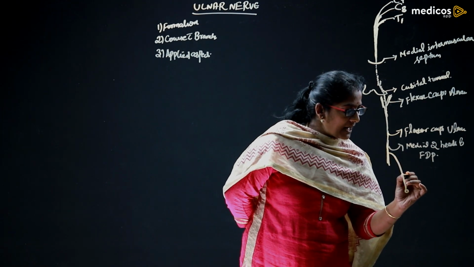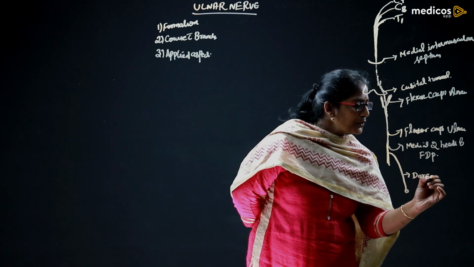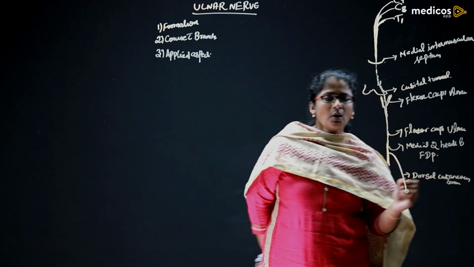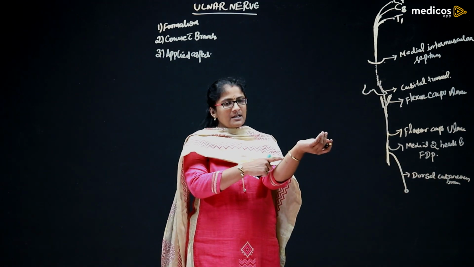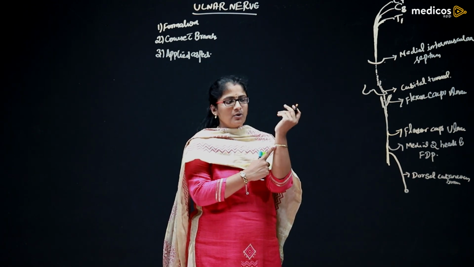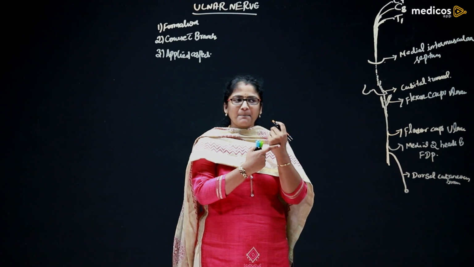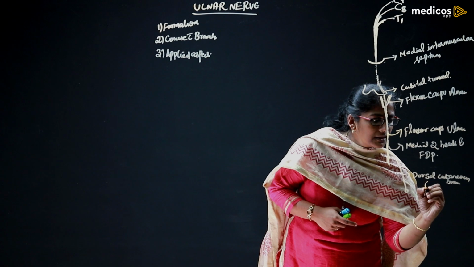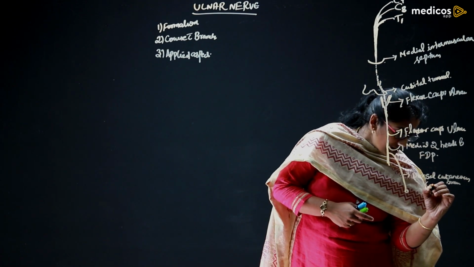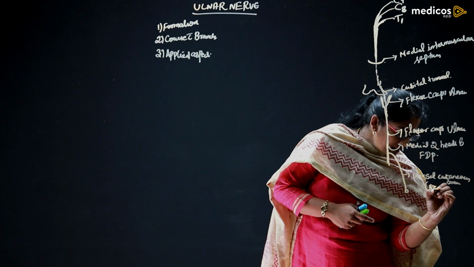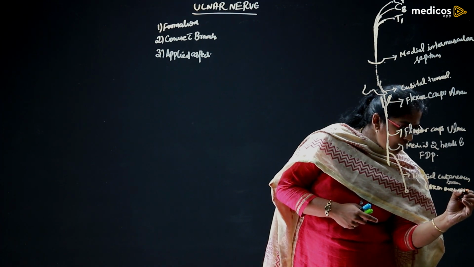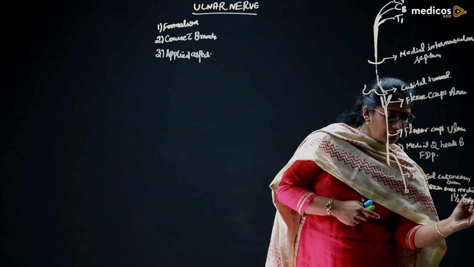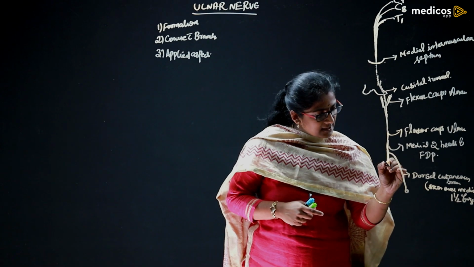While the ulnar nerve is descending, it gives a dorsal cutaneous branch that goes backwards, dorsally, and supplies the skin over the medial 1.5 fingers in the dorsal aspect. After that the ulnar nerve descends in the forearm.